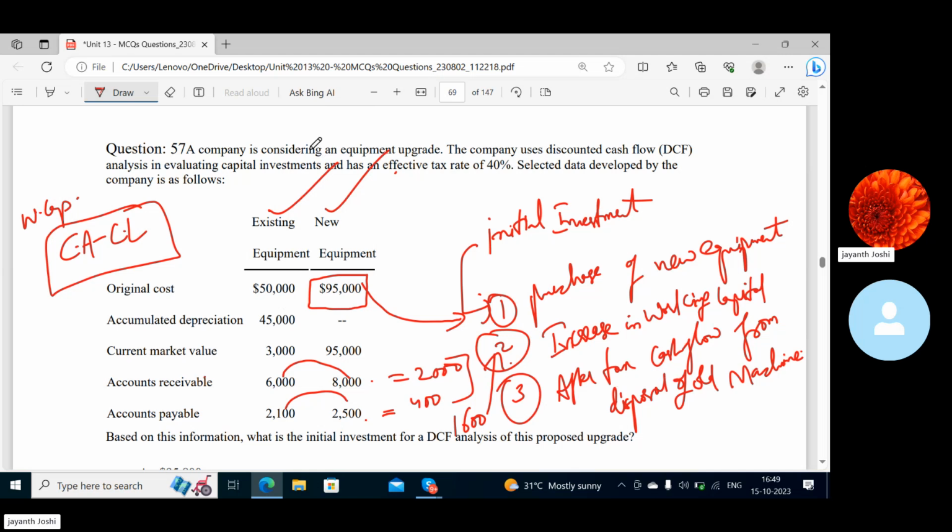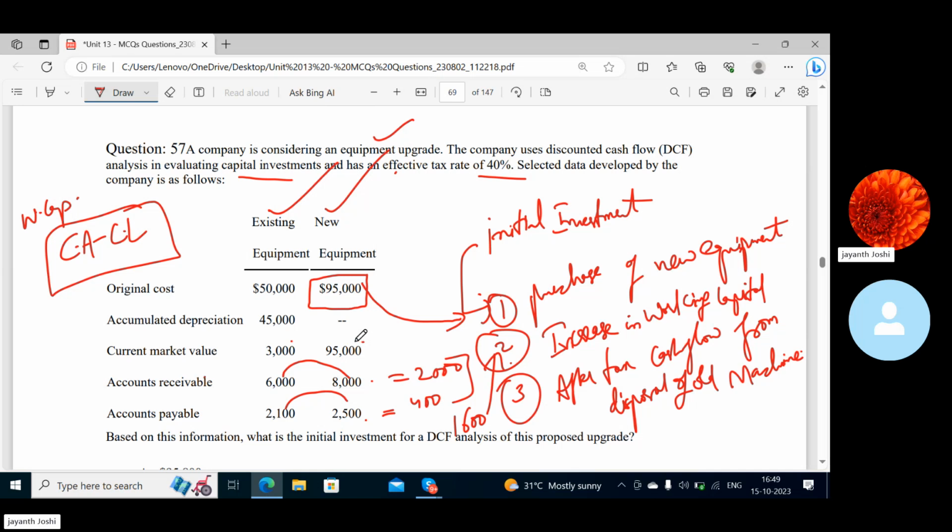Now the third element is to find out the after tax cash flow from disposal of old machines. The company is considering an equipment upgrade. The company uses DCF analysis in evaluating capital investment and the effective tax rate is 40%. Selected data developed by the company. They have given the current market value.